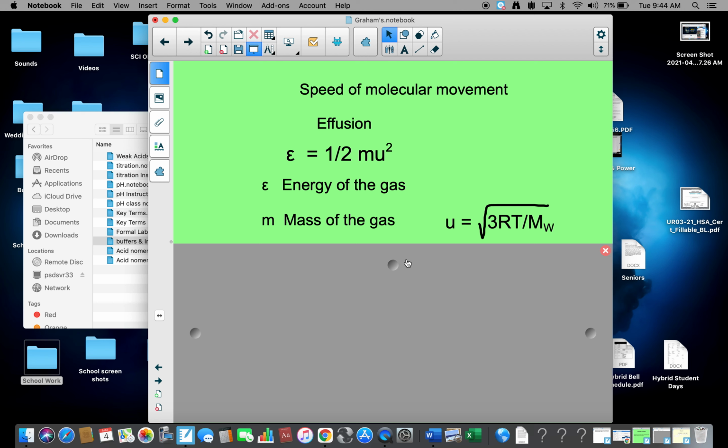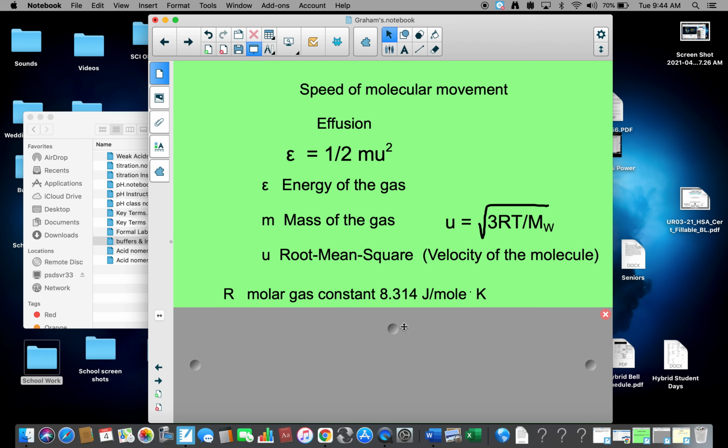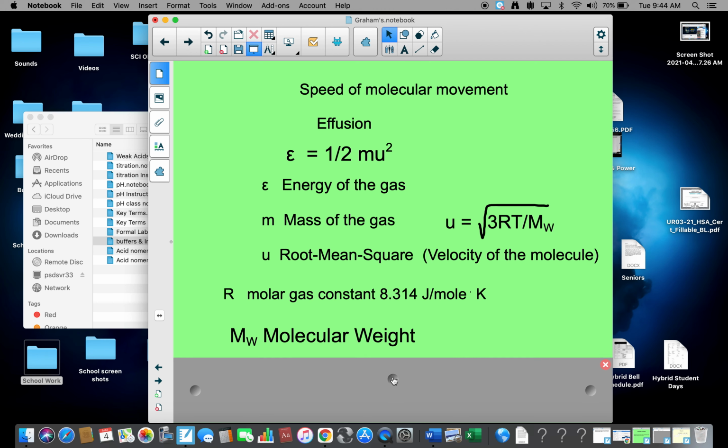And that's what we're going to actually be looking at, the rate of effusion using that value, U. U is called the root mean squared velocity of the molecule. Of course, R is the molar gas constant of 8.314 joules per mole Kelvin. And MW is molecular weight, grams per mole, and of course T is temperature in Kelvin.